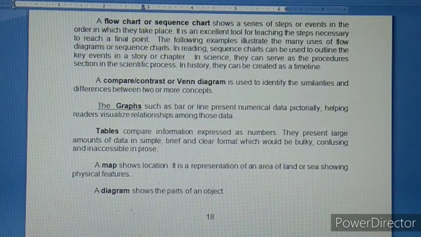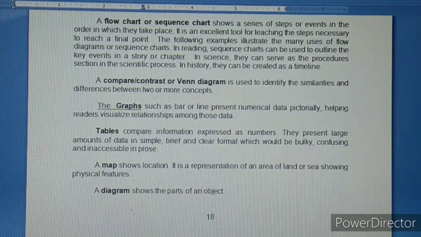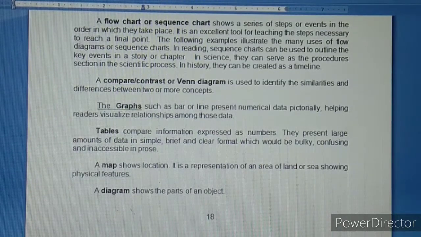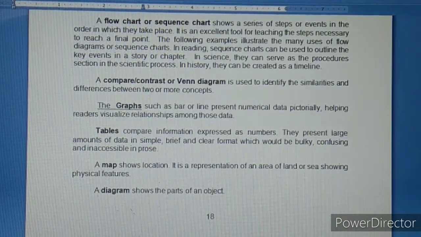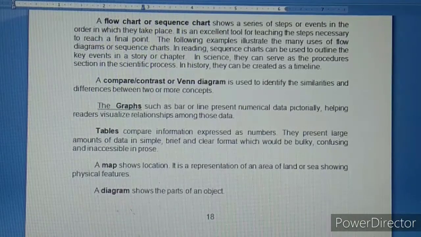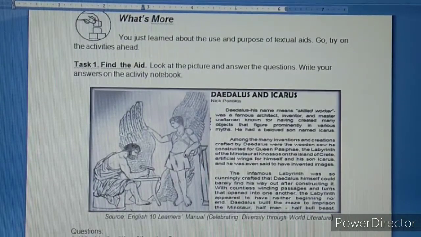They present large amounts of data in a simple, brief, and clear format, which would be bulky, confusing, and inaccessible in prose. A map shows location. It is a representation of an area of land or sea showing physical features. Next, a diagram shows the parts of an object. Now you just learned about the use and purpose of textual aids. Go try the activities ahead.